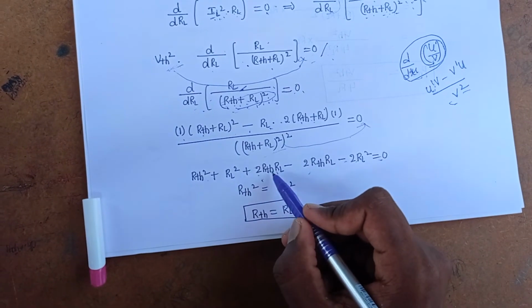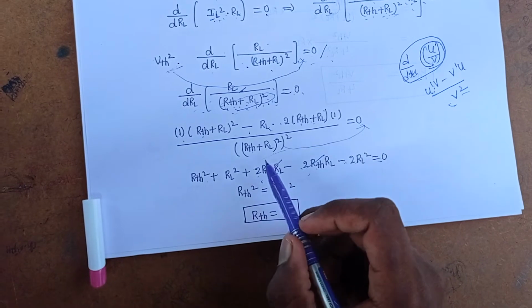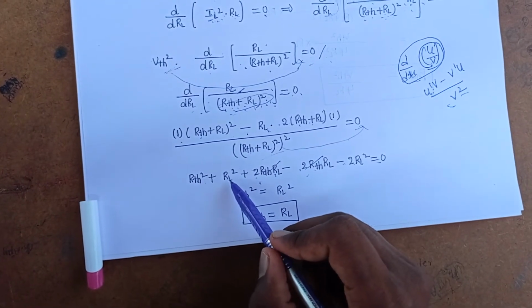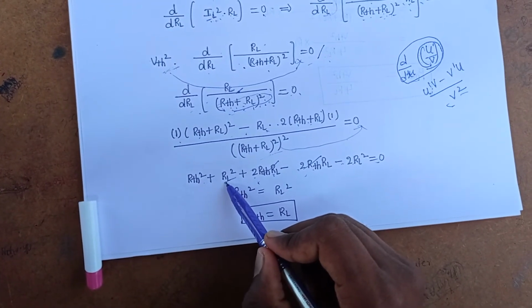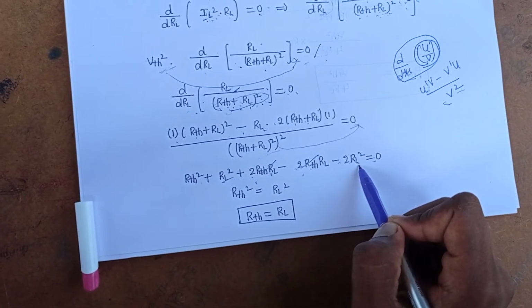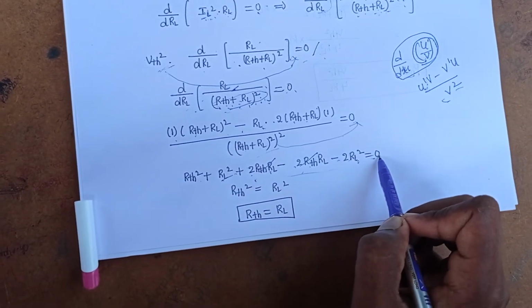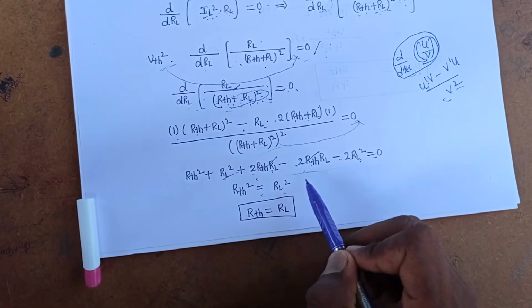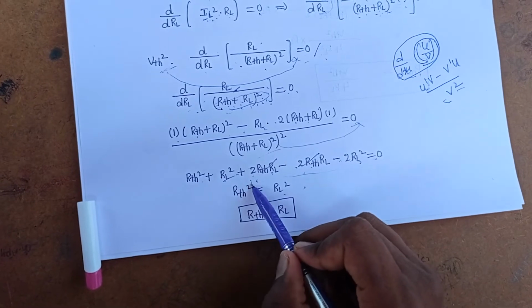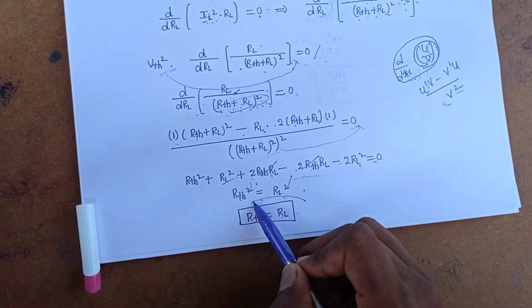Here plus 2 RTH RL minus 2 RTH RL cancel. Then RL squared minus 2 RL squared gives only minus RL squared. Move this minus RL squared to the other side, then we get RTH squared equal to RL squared. Cancel the squares, then we get RTH equal to RL.